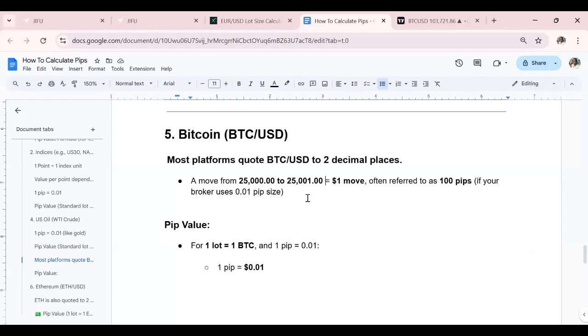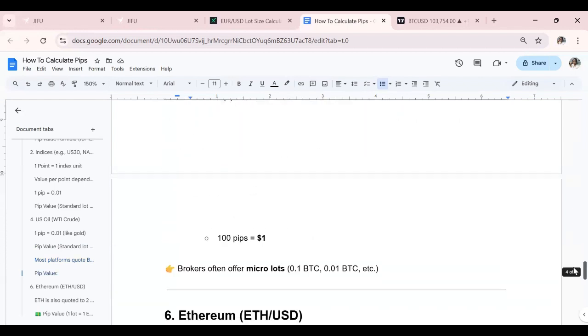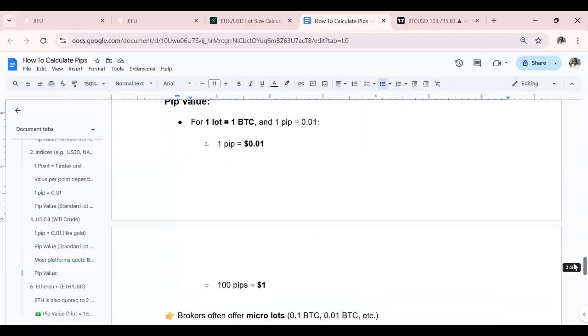So let's see. For pip value, one lot size is 1 BTC. 1 pip is 0.01. So a 1 pip movement is equivalent to $0.01. So it takes 100 pip movements for you to make $1.